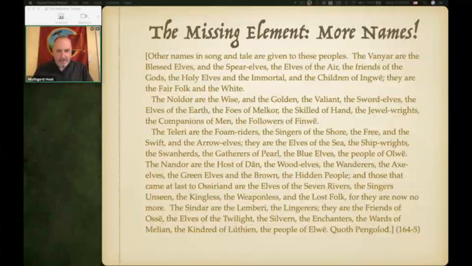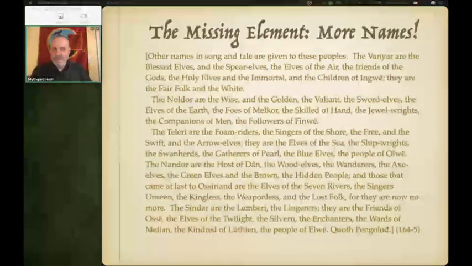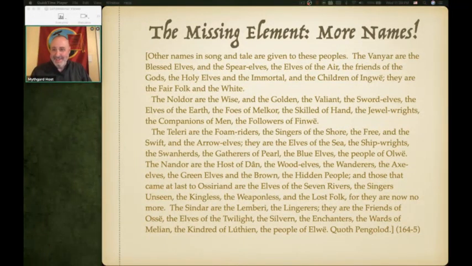It's the Nandor? Yeah, the Nandor. Who are the Axe Elves, right? Be like, oh, so they were big into logging, right? That's what the Nandor are all about, right? The Nandor are lumberjacks and they're okay, right? That's our conclusion, right? I mean, as we know from the stories, that is almost the opposite of the truth. In fact, it's quite the opposite of the truth.